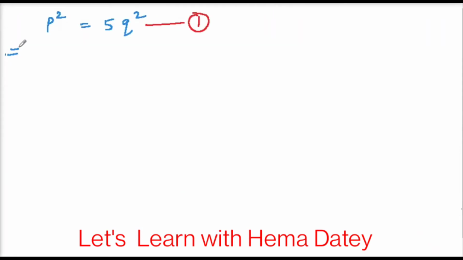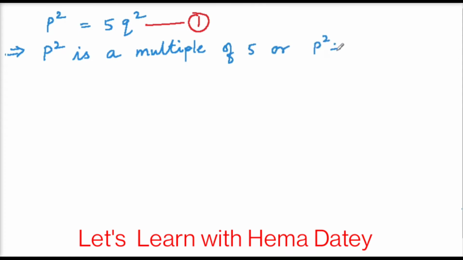This implies that p square is a multiple of 5, or we can say p square is divisible by 5.